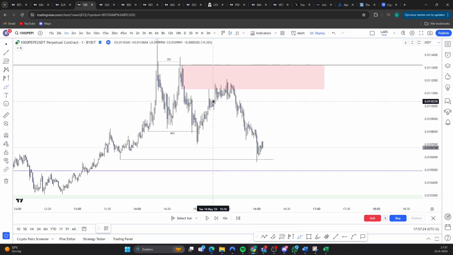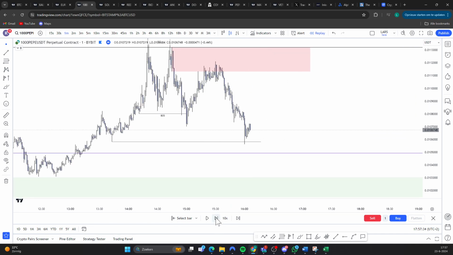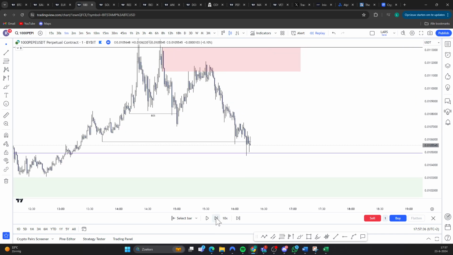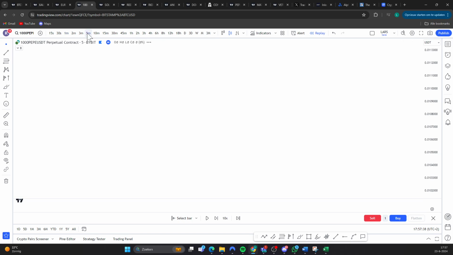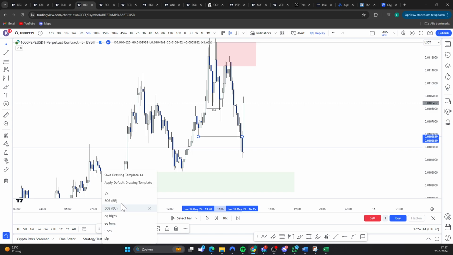This is like 30-second structure with a 1, a 2, and a 3. But no entry for us. It would have been an entry if we had structure, but there's no structure. You did break this one.